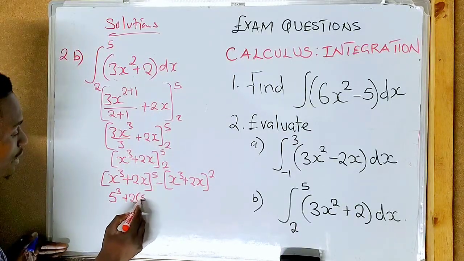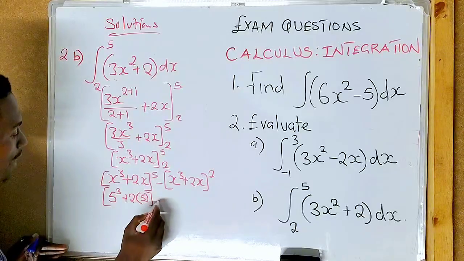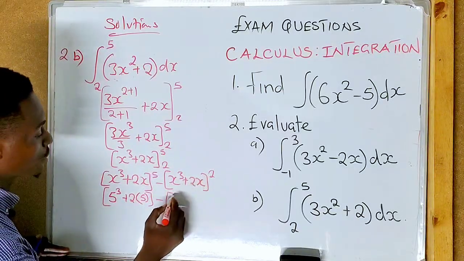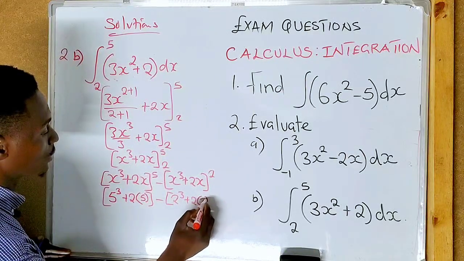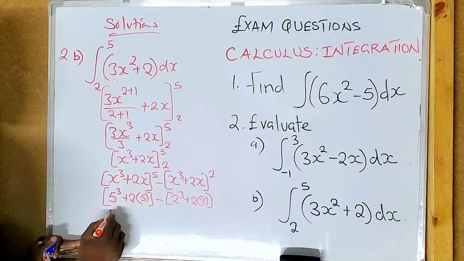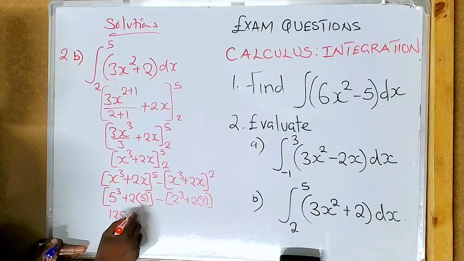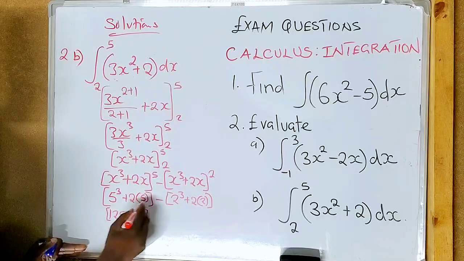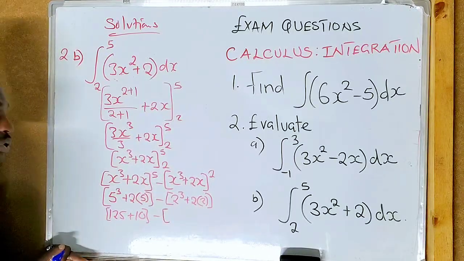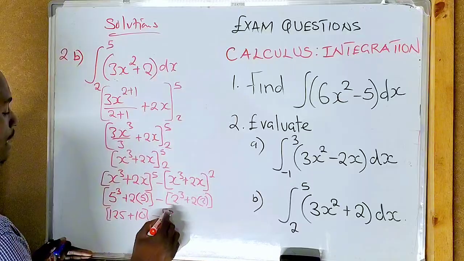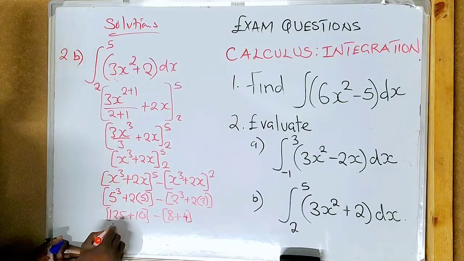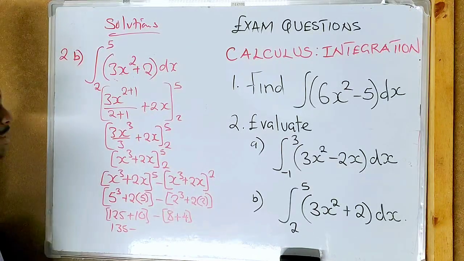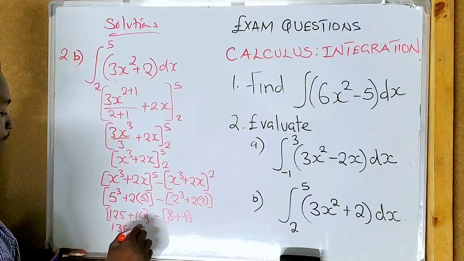This time around we're going to use 2, so 2 cubed plus 2 times 2. 5 cubed is 125 plus 10, because 2 times 5 is 10, minus 2 cubed is 8 plus 4. 125 plus 10 is 135, minus 8 plus 4, which is 12.